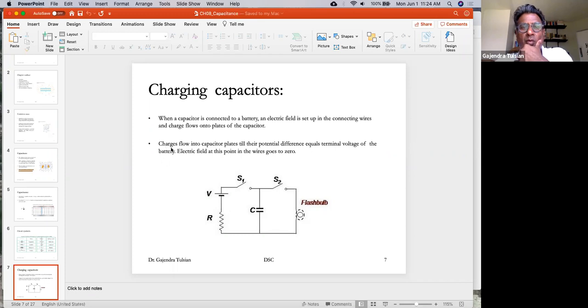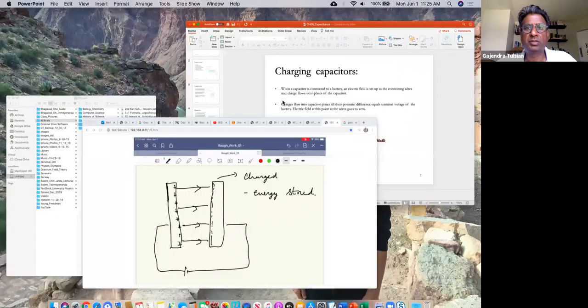Now, when the capacitor is charging, charge flows into the capacitor plate till the potential difference equals the terminal voltage of the battery. So till what time does charge flow? Till the voltage across the capacitor is equal to the voltage across the battery.